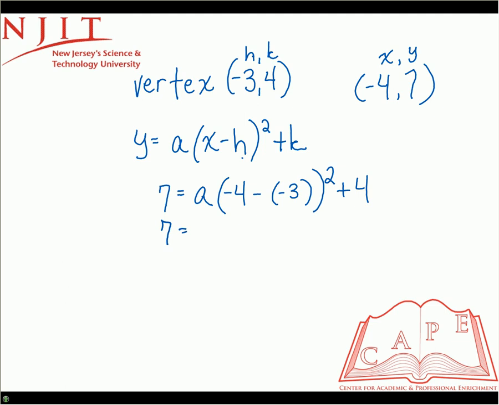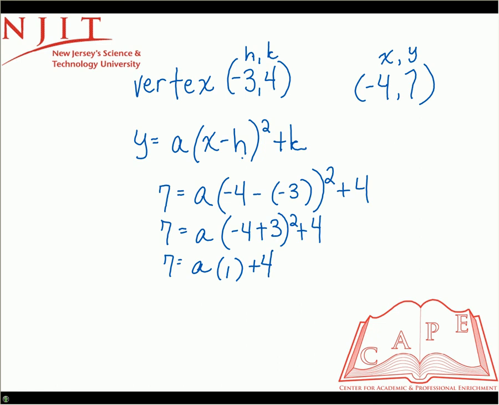We have 7 equals a times (-4 minus -3, which is the same as +3) squared, plus 4. Now if we simplify the right-hand side of the equation, we get 7 is equal to a times (-4 plus 3, which is -1). -1 squared is +1. Plus 4.